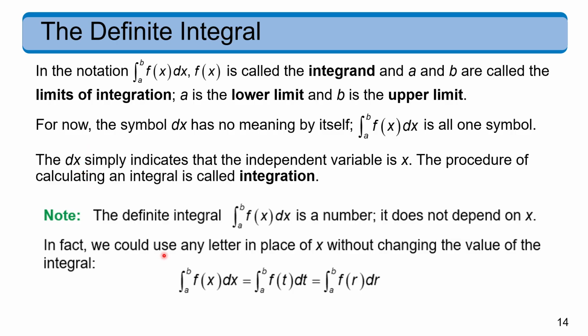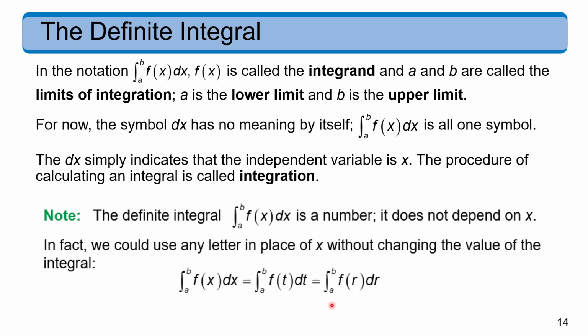As I was saying, you could change to a different letter. So here we've changed to having t as our independent variable, so we use dt instead of dx. And in that case, you have to also reflect that in your function, f of t. In the parentheses, that t tells you that the independent variable is t. And here we've switched it to another letter, r, right? As long as you switch it in both places, they always have to match.